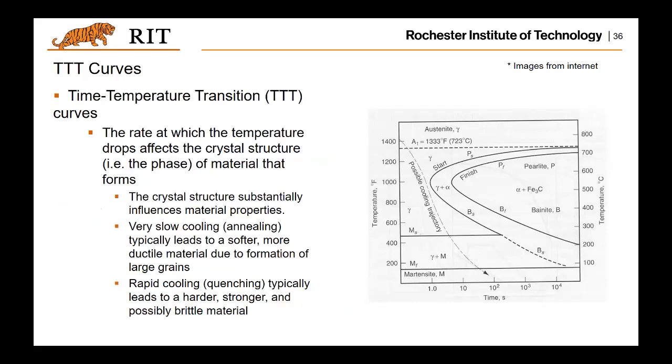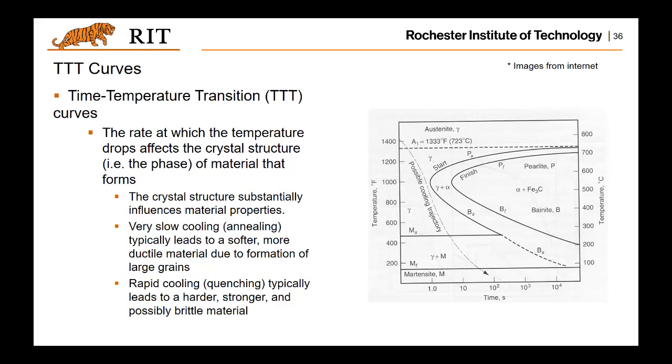Usually, a very slow cooling will lead to softer, more ductile material properties because the grain size is larger. More large grains form during a very slow cooling. On the other hand, rapid cooling typically leads to harder, stronger, but usually brittle material properties for the parts.